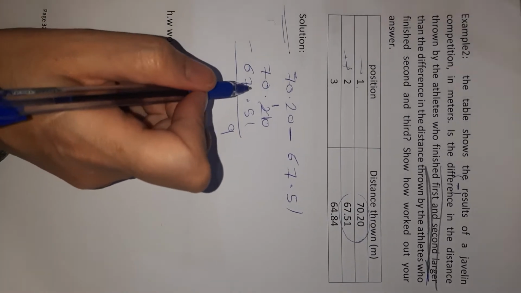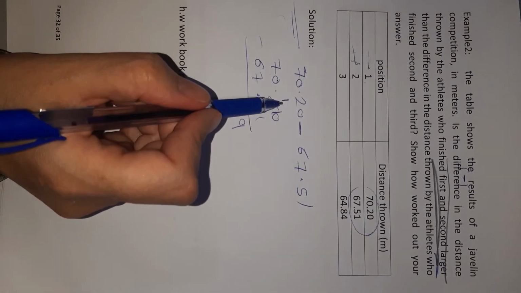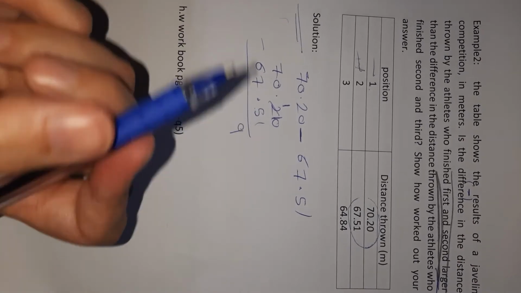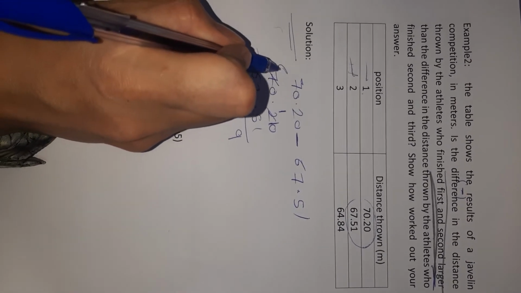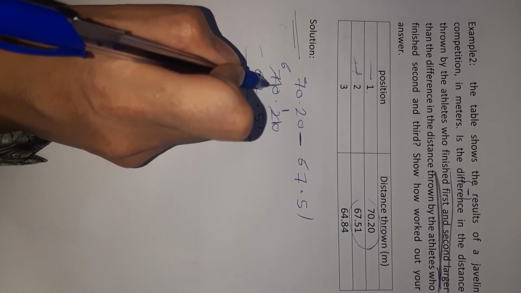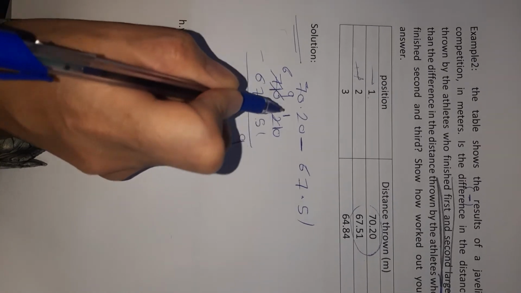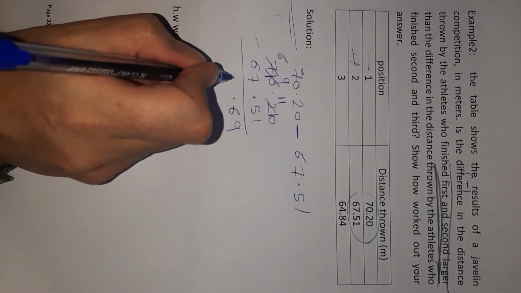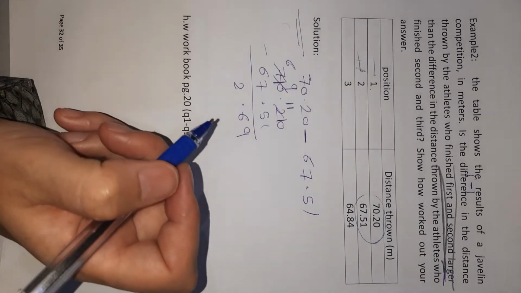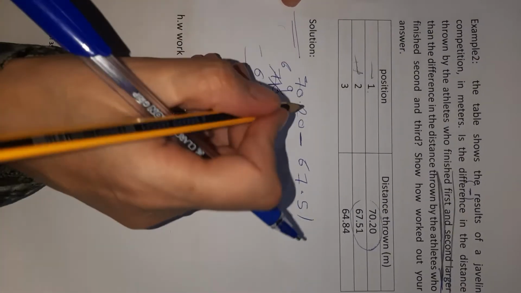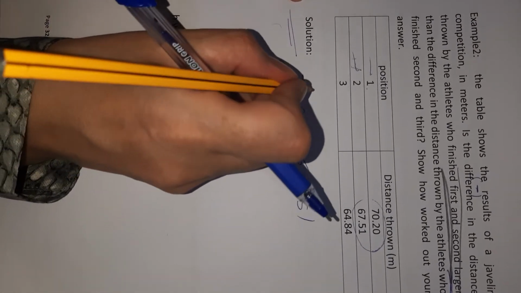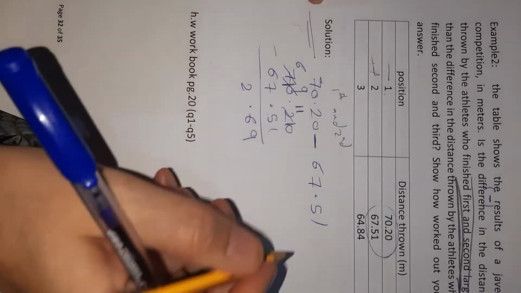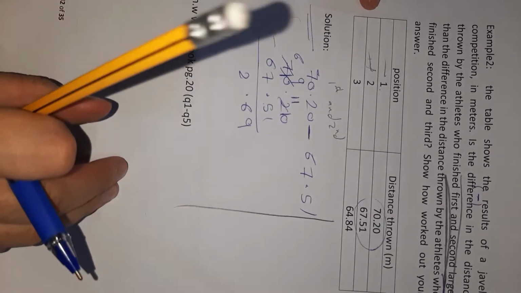Here we need to borrow from the 0 because we can't subtract 1 minus 5. We can't borrow also from 0. Go to 7. 7 becomes 6. This becomes 10. Cancel the 10, it becomes 9. This becomes 11. 11 minus 5, 6. 9 minus 7, 2. 6 minus 6, 0. This is for the first and the second.